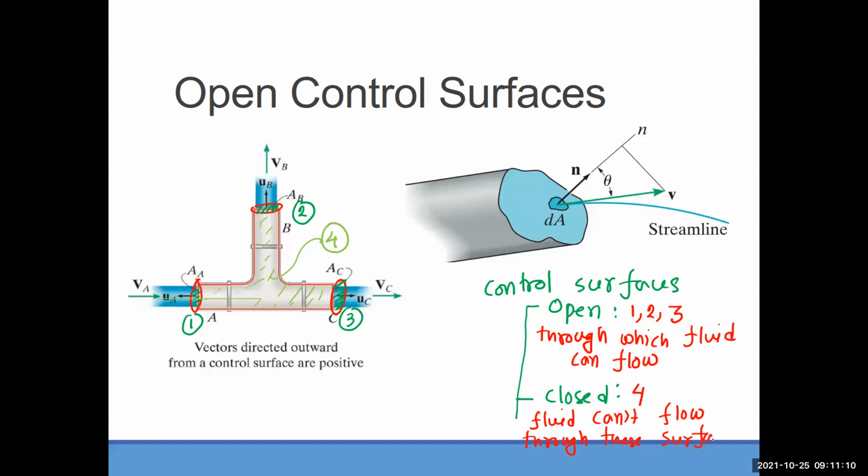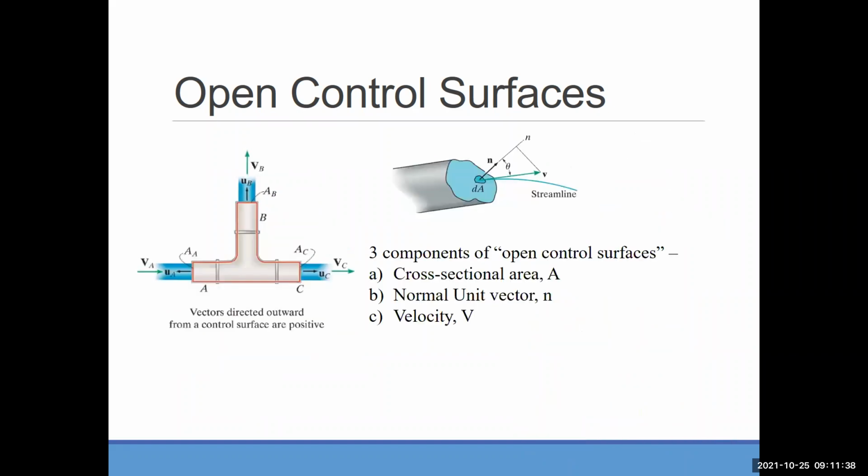I mean, there can be flow along that surface, but there is no flow through that surface. Okay, that is the closed surface. And from now on, we will always deal with open control surfaces. Even if I don't mention it, whenever I say control surface, it should be the open control surface.